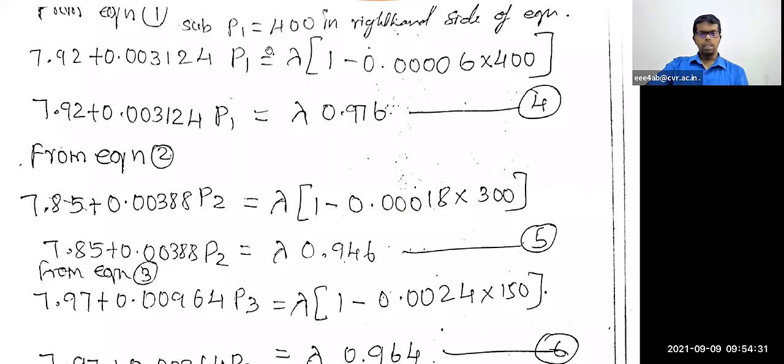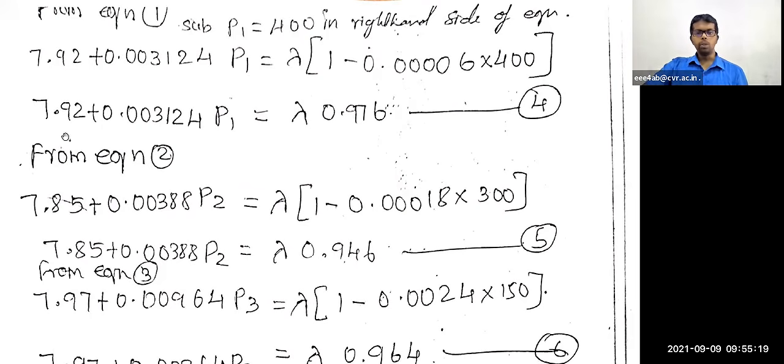If you do that, it is possible, but we have considered some generating units, some 400, some 300, like that, and we need some answers for them. If you do it on both sides, you get three different lambdas, and you can also solve it, but the exact solution might vary. So we are substituting in the right hand side of the equation alone and proceeding further. We take this as equation number 4.